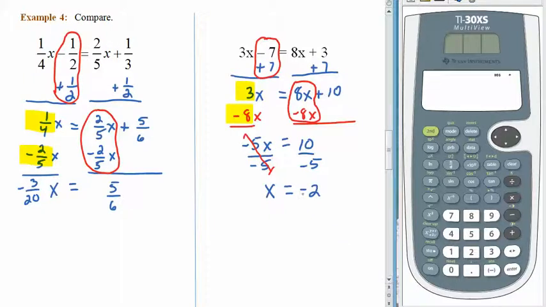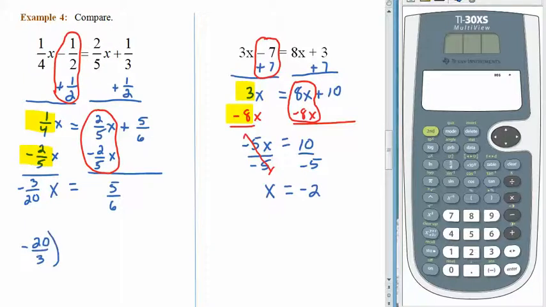This is where things change. In the equation involving the fractions, remember our job is going to be to take this coefficient here, look at it, and multiply both sides by the reciprocal. The reciprocal of -3/20 is -20/3.